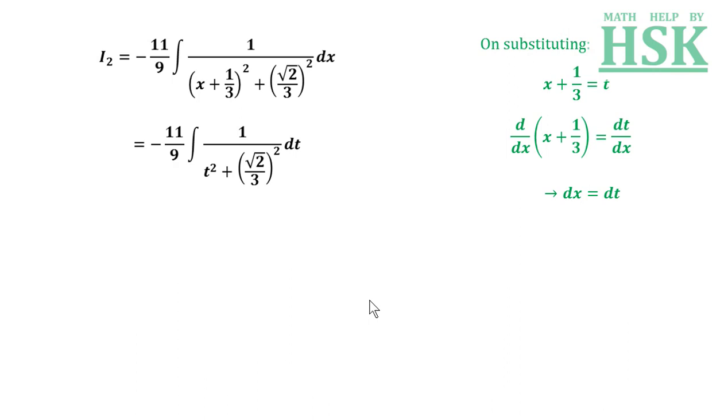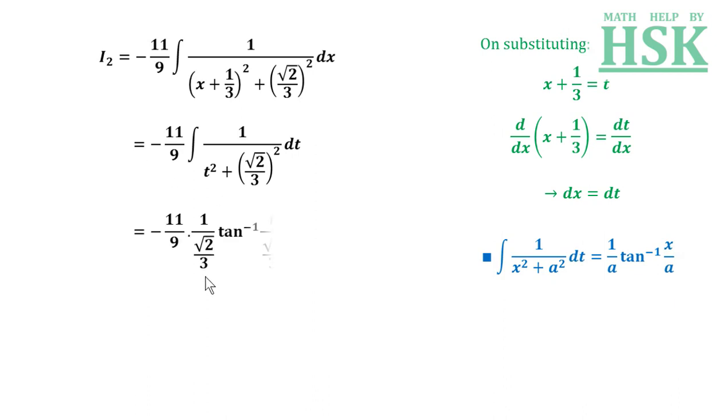Now I know that integration of 1 upon x square plus a square with respect to x is equal to 1 upon a tan inverse of x upon a. So this will be equal to minus 11 upon 9, 1 upon root 2 upon 3 tan inverse of t upon root 2 upon 3. So this will be equal to minus 11 upon 3 root 2 tan inverse of 3t upon root 2.